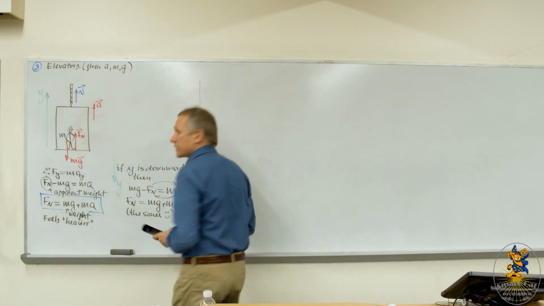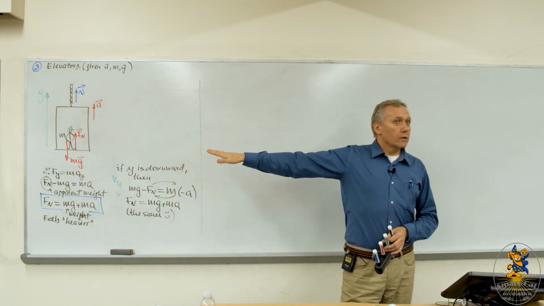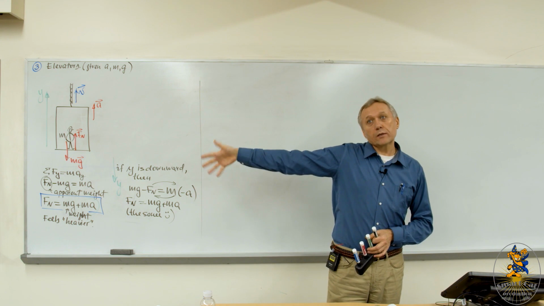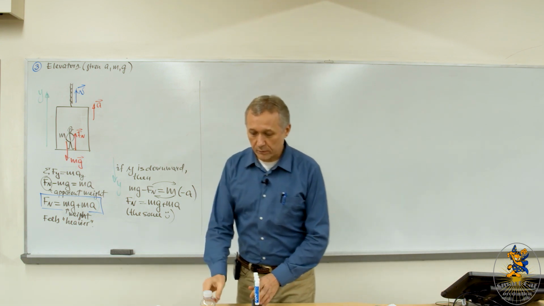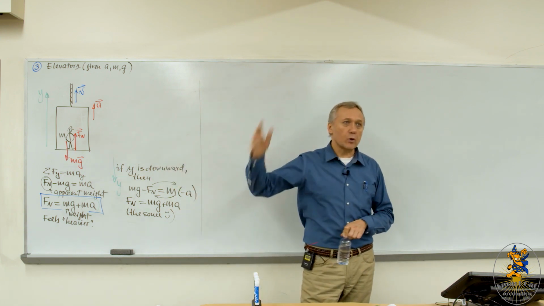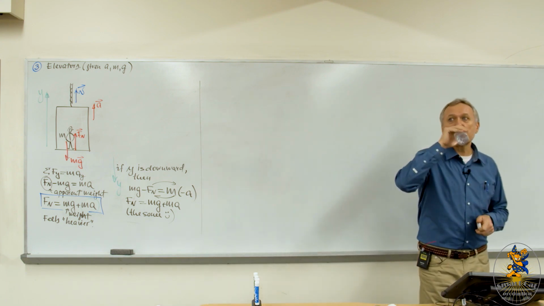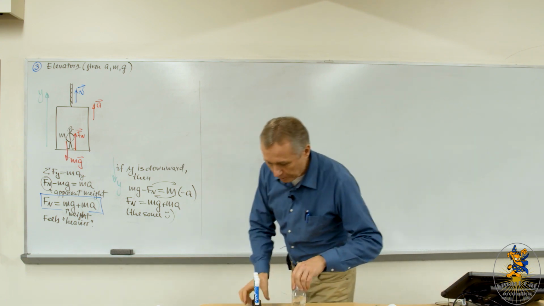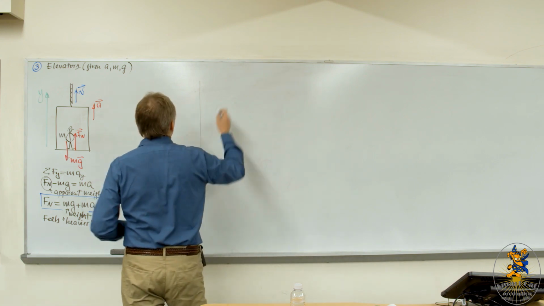So now let's look at the second situation. Okay, clear? Again, it's not rocket science. After a couple of examples, it should be straightforward. And plus, you see, we're repeating exactly the same steps over and over again, but you need to apply them very carefully, right? So now let's assume that acceleration is downward.